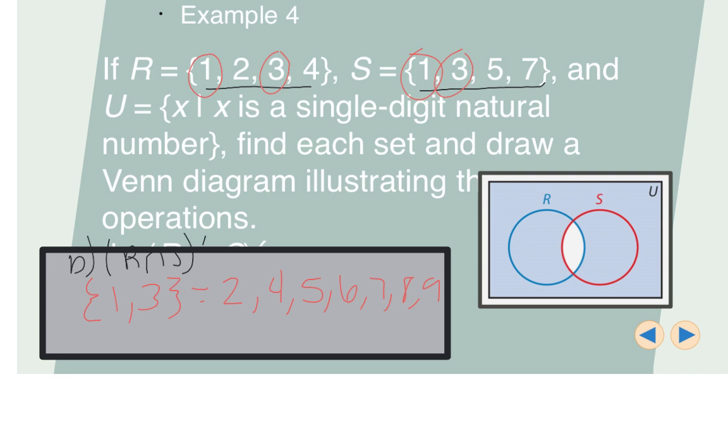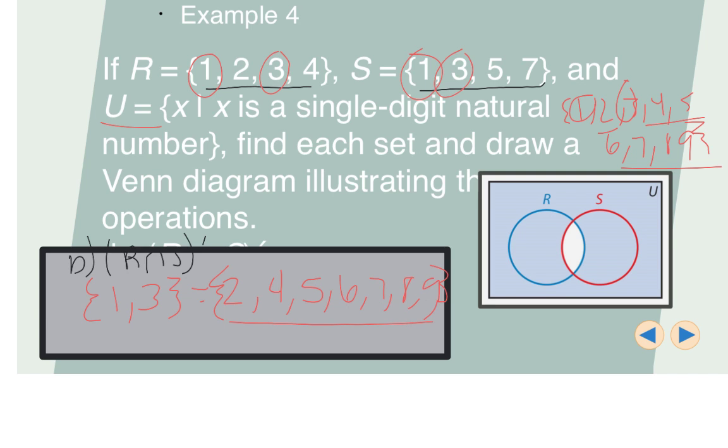Don't forget that we have to also include the U, which, as we talked about before, was 1, 2, 3, 4, 5, 6, 7, 8, 9. We saw that 1 and 3 were intersections, so those don't count, but the rest of them do, which is my answer.